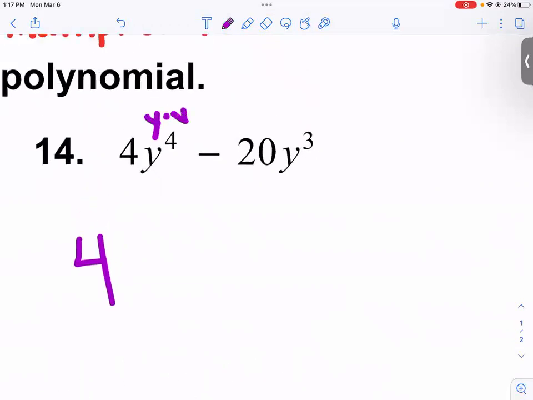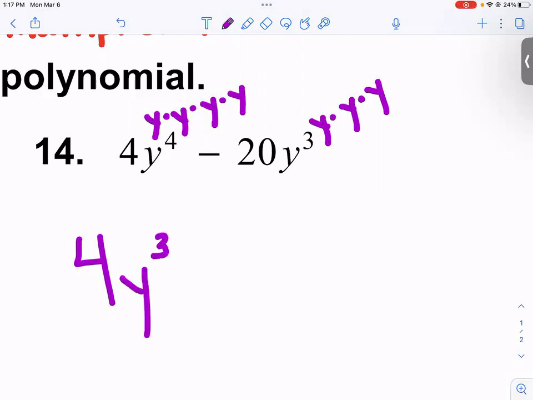So y to the fourth means this, and y cubed means this. So how many multiplied together are in common? Okay, so y cubed is part of the GCF.